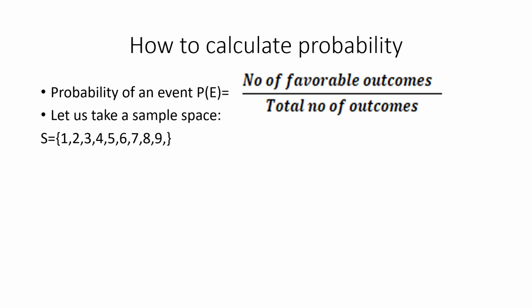So let us take a sample space where, say for example, we have a sample space of 9 numbers, like 1, 2, 3, 4, 5, 6, 7, 8, 9. Now what we are trying to get here is the probability of getting prime numbers in the sample space S, which is 1 to 9.